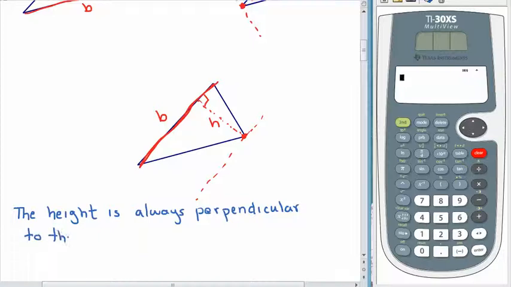Now I'm not going to write base here. I'm going to say the height is always perpendicular to the line containing the base. And the reason why I wanted to change it is on the next page. So let's flip over and see what could possibly happen here.